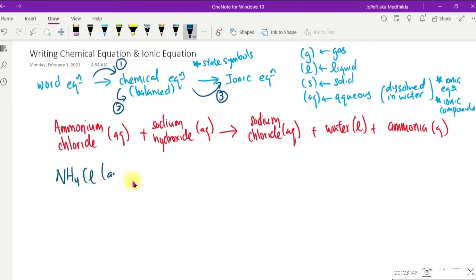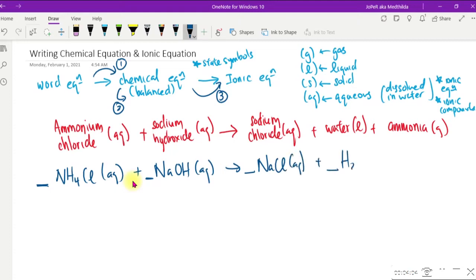Just bring down the states. Sodium hydroxide is NaOH. Sodium chloride is NaCl. Water is H2O. And ammonia is NH3. So this is the chemical equation that's not balanced yet.